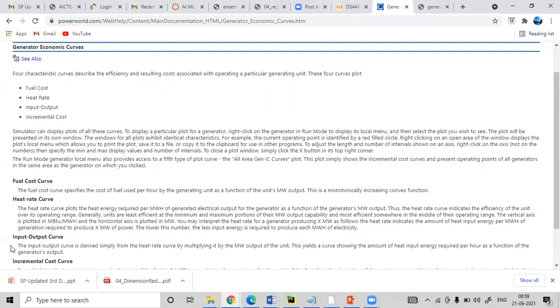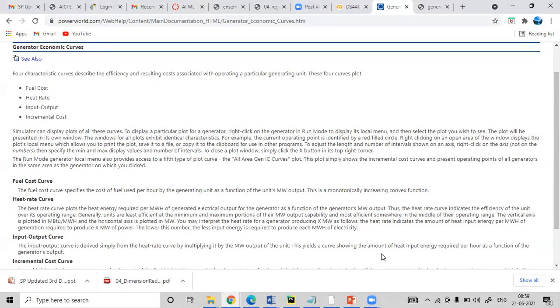Now, what is the input output curve? The input output curve is derived simply from the heat rate curve by multiplying it by the megawatt output of the unit, right? When we multiply the heat rate curve by the megawatt output, we get the input output curve.